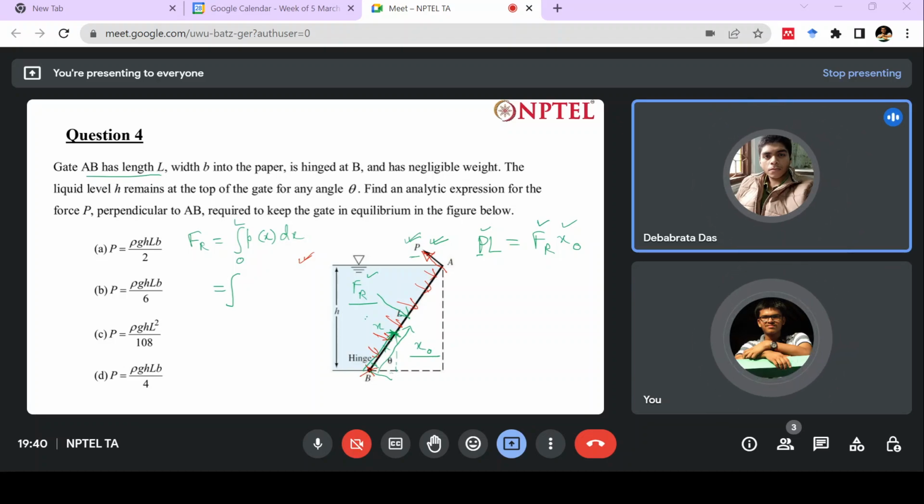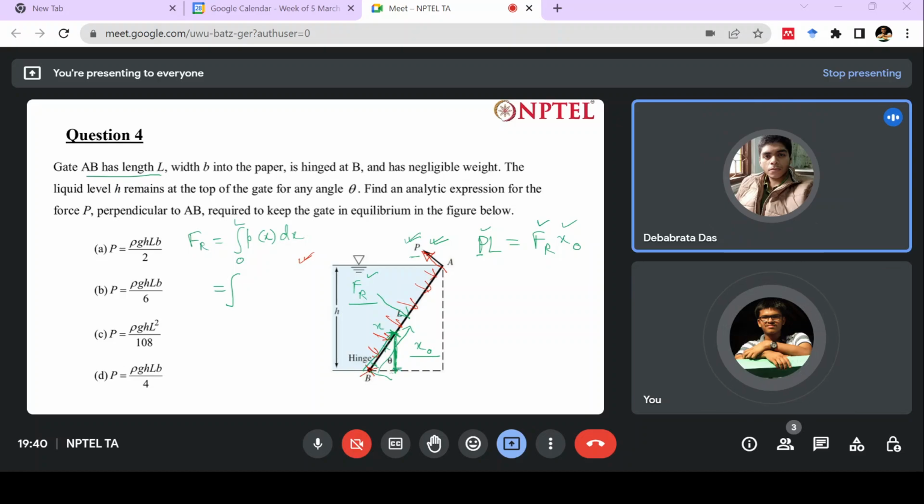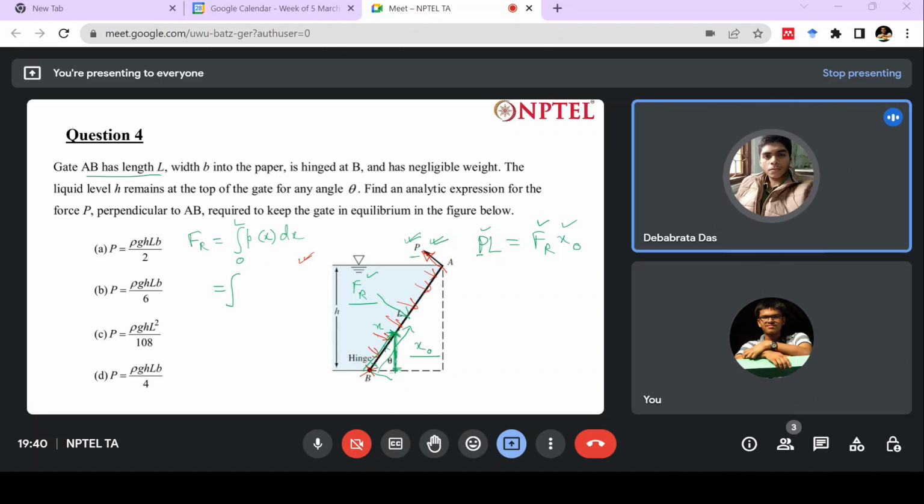You just need to find this height. If this is x, then what is this height? H minus x sine theta.